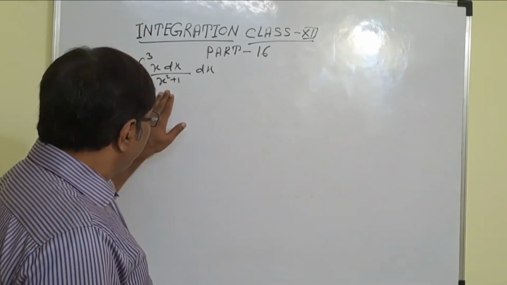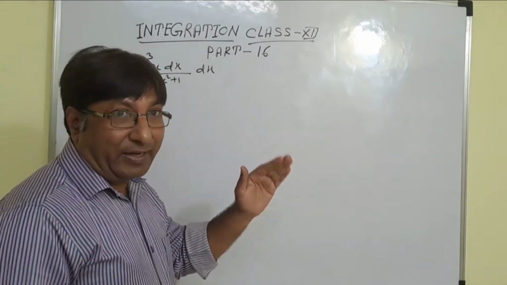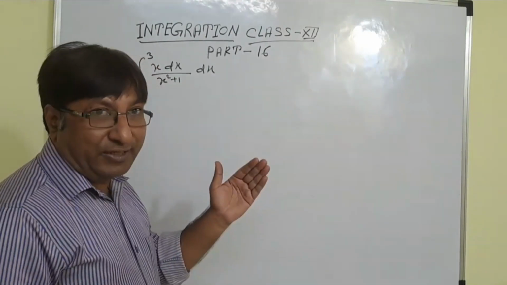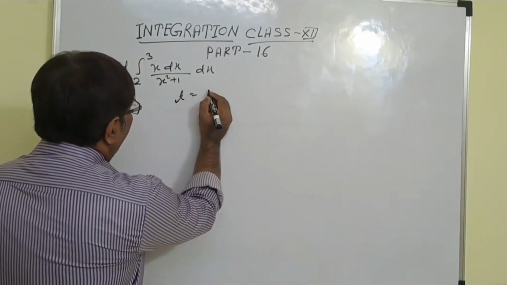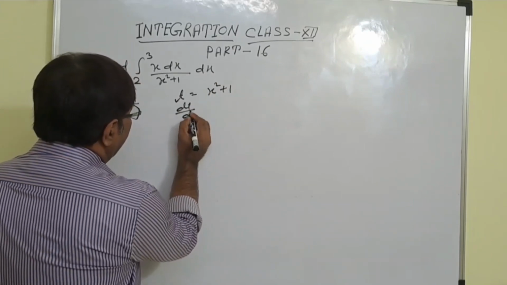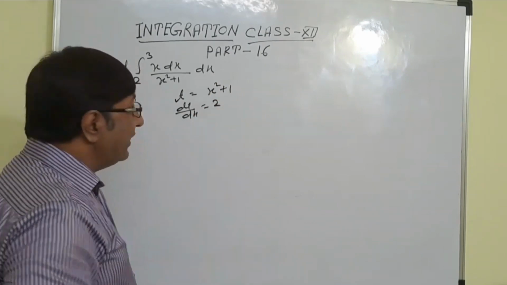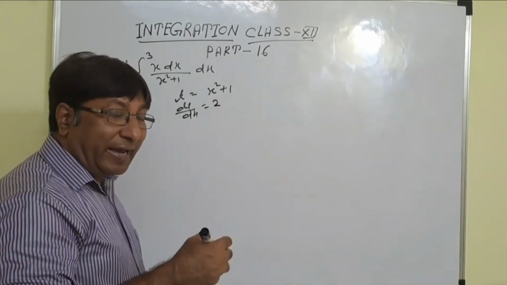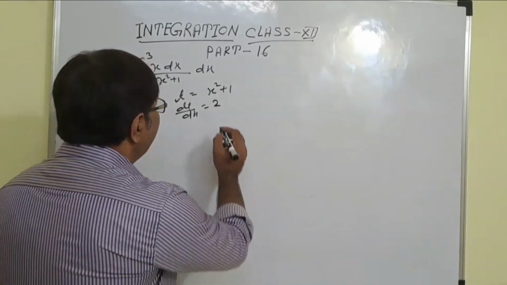If we put x square plus 1 equal to t, then the limits will also change, right? So here we are solving, suppose t equals x square plus 1. So dt upon dx equals what? The derivative of x square, you know, is n x to the power n minus 1, so 2x power 2 minus 1, that is simply 2x.